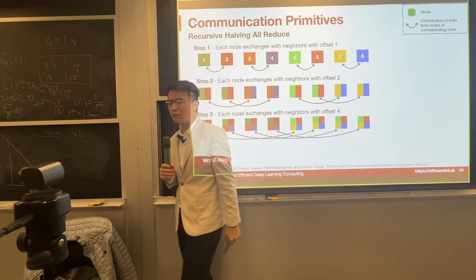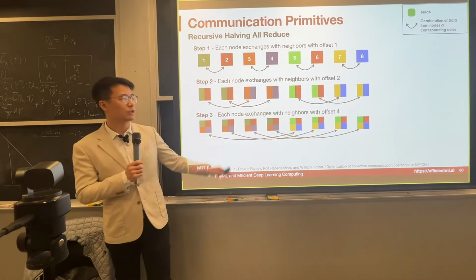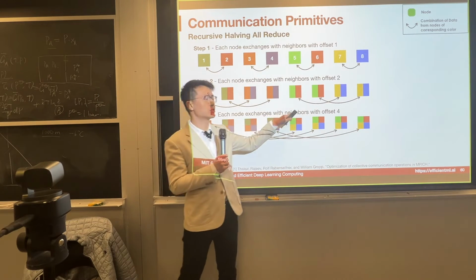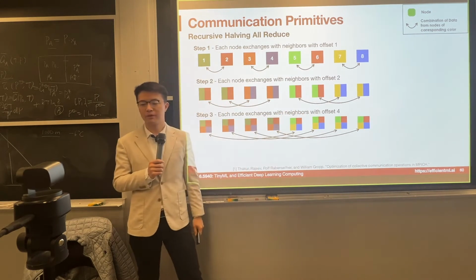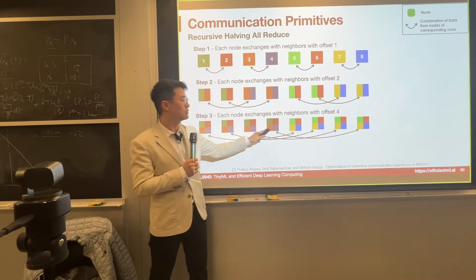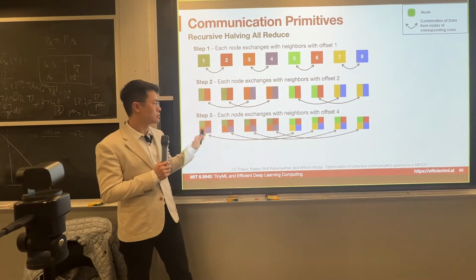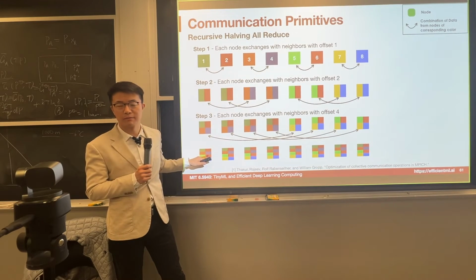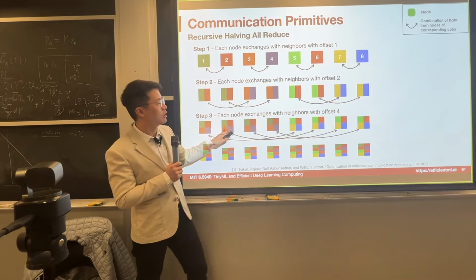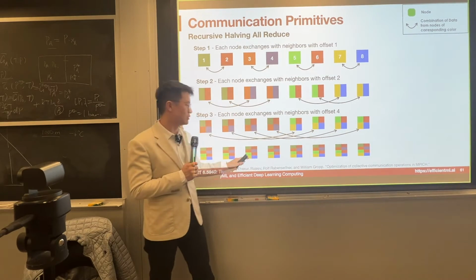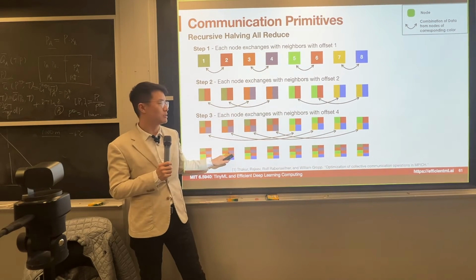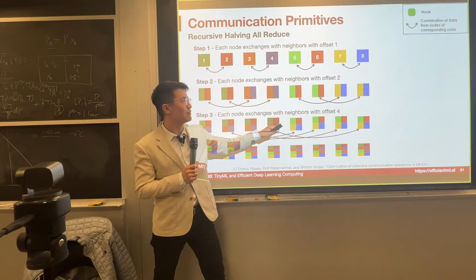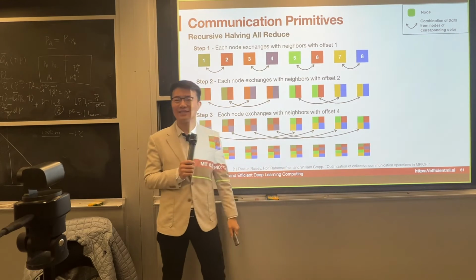Then we just need one more step to exchange information with neighbors of offset 4, where node 1 talks to node 5. So combining them all, you will have all the information. And node 2 talks to node 6, so it will combine all the information. Node 3 talks to node 7, and node 4 talks to node 8.